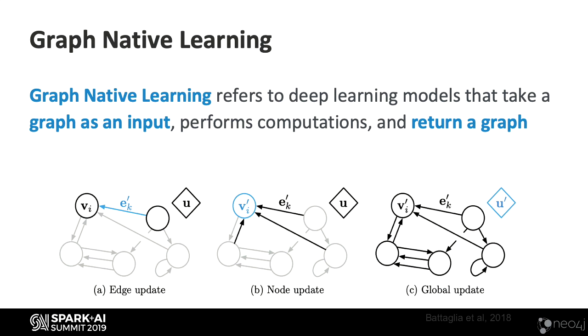So graph native learning is when your deep learning model takes the graph as an input instead of taking some tabular data or a vector or tensor. You have a graph. You're performing computations on that graph, updating your graph, and then returning a graph as a prediction.